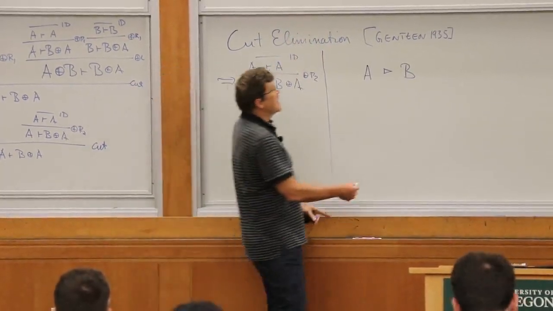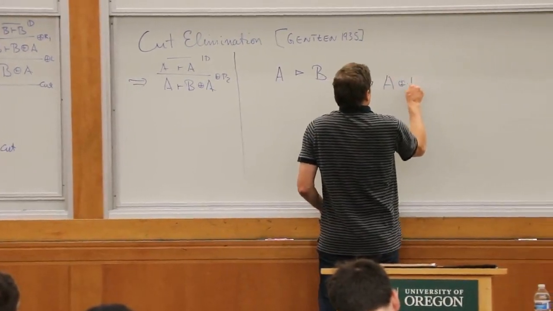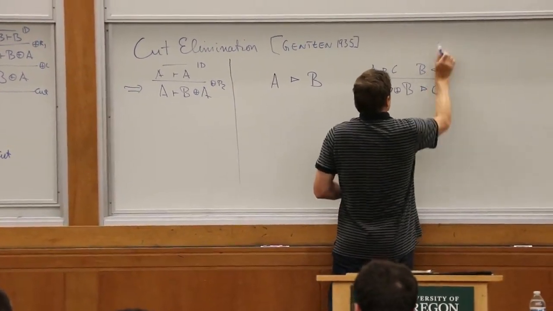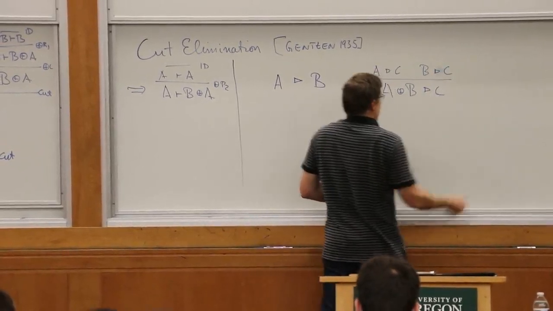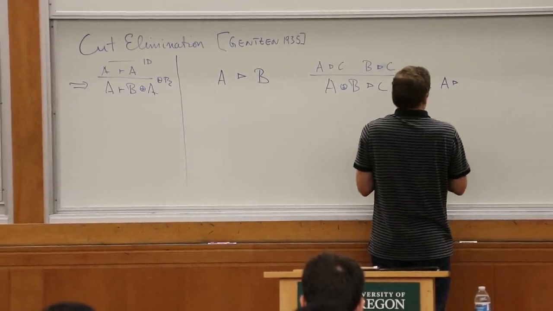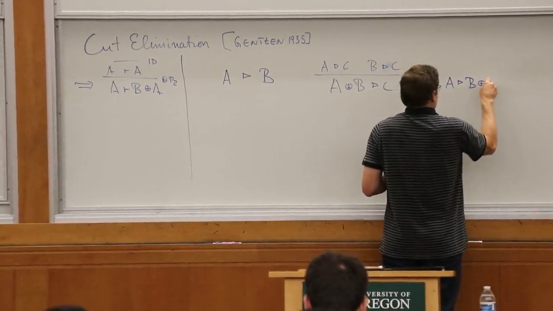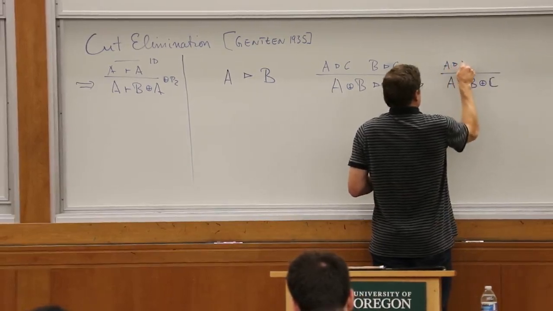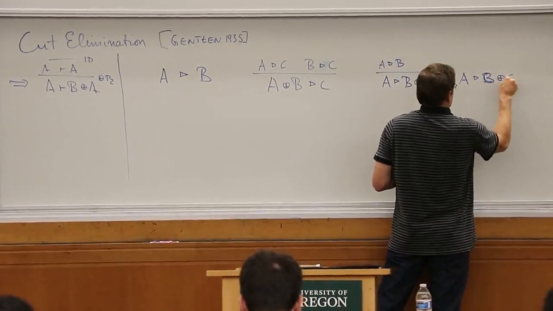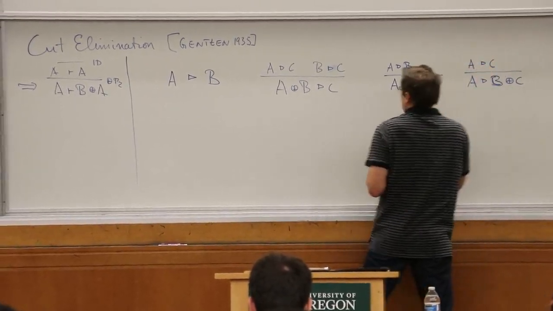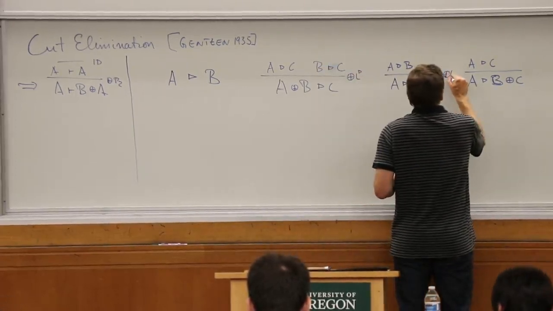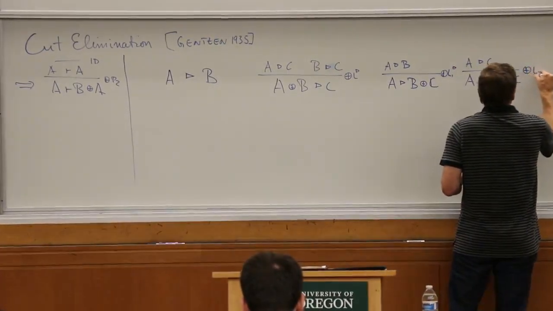So in particular, I have a rule like A plus B without cut proves C, from A without cut proves C and B without cut proves C. And I have two rules that say A without cut proves B plus C, from A without cut proves B, or from A without cut proves C. Actually, let me give them the same names: plus left without cut, plus left 1 without cut, and plus left 2 without cut.